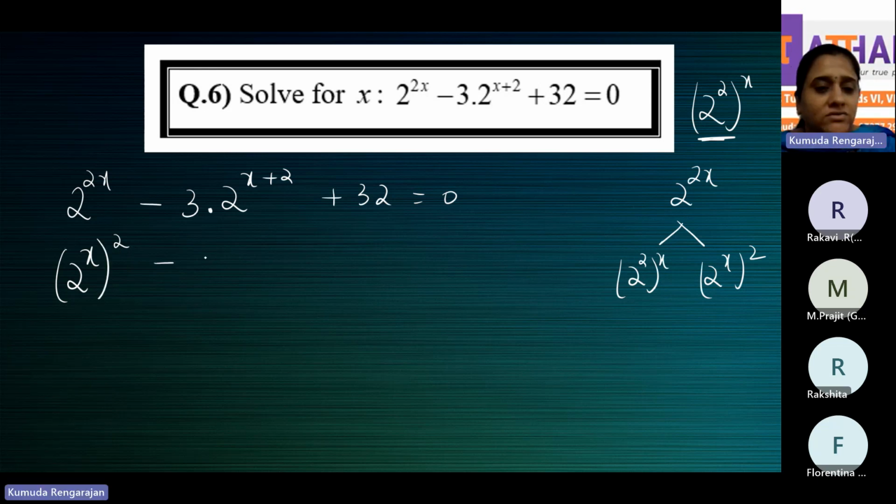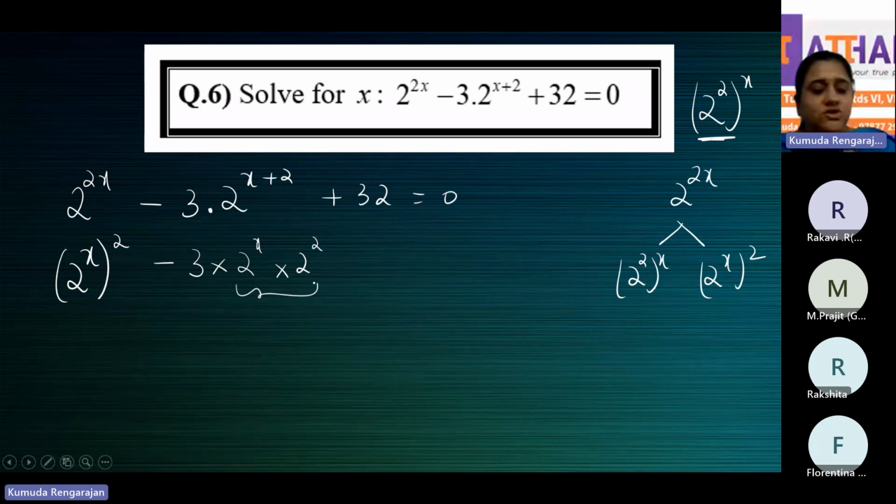Minus 3 into the earlier step, 2 to the power x into 2 to the power 2. It should have been like this: 2 to the power x into 2 to the power 2. Bases are same, it's multiplication, so we add the powers and we get 2 to the power x plus 2.